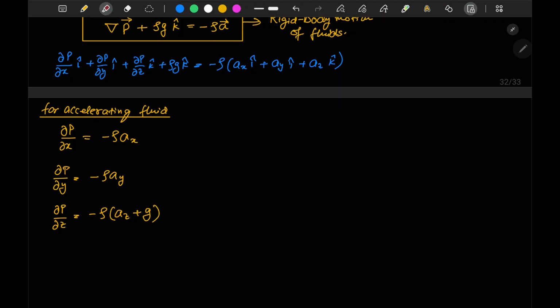Now here g is a special term. It appears only in the z direction.